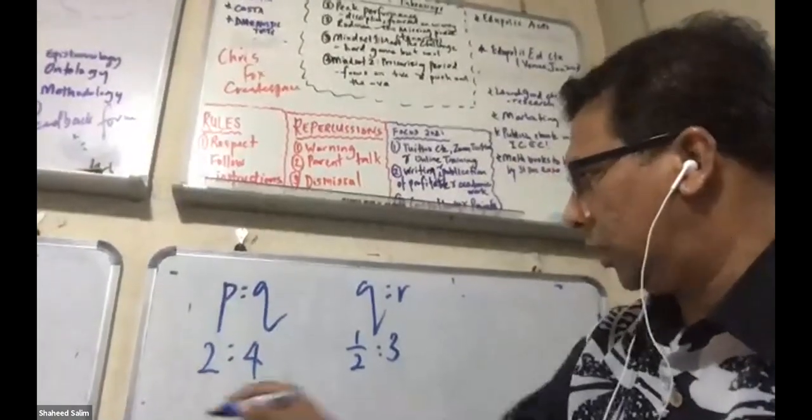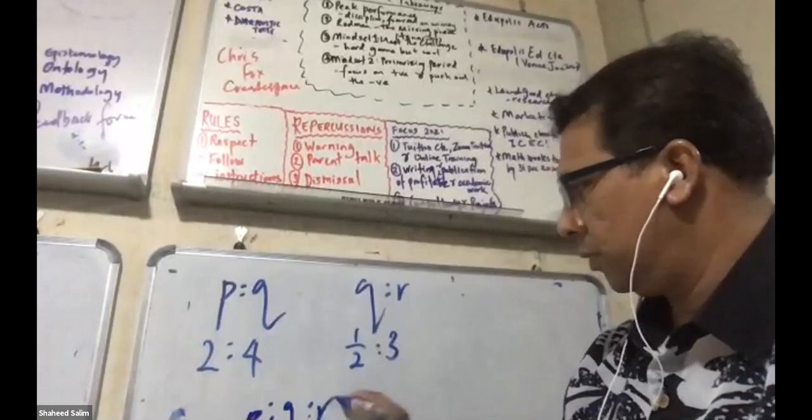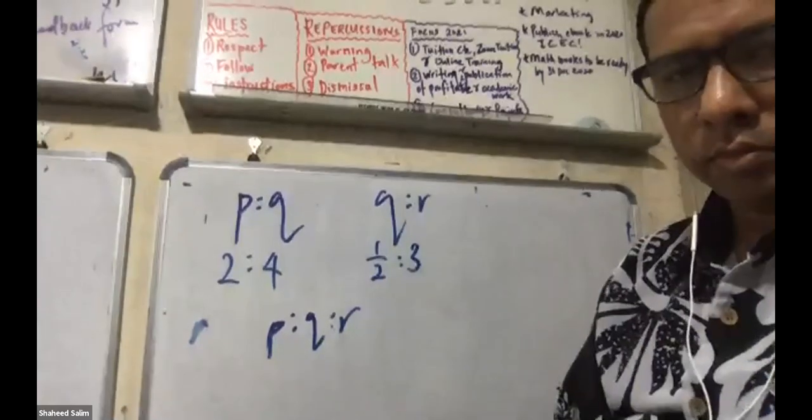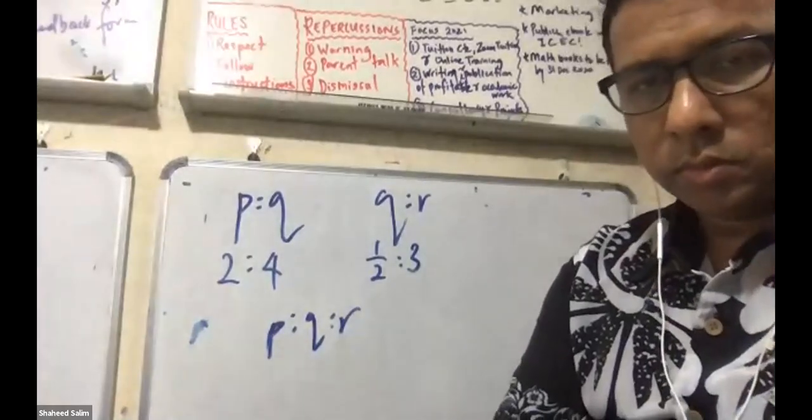Okay, you got 20. Wait, PQR is how much? Can move down. Sorry. 4.